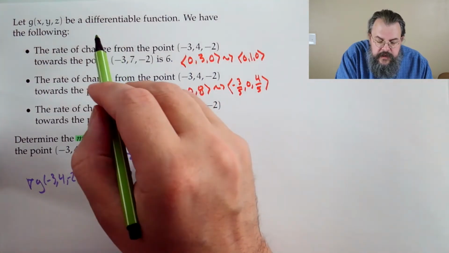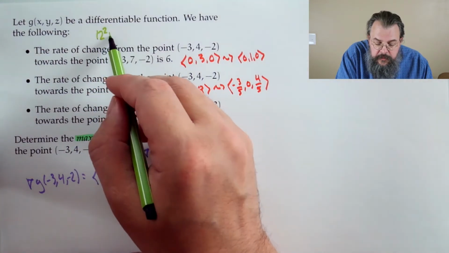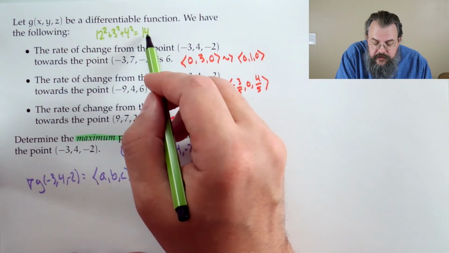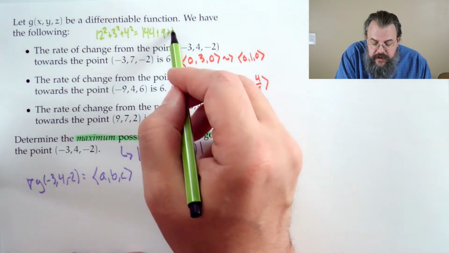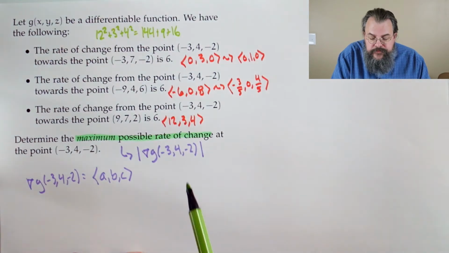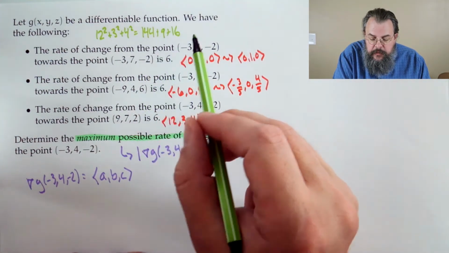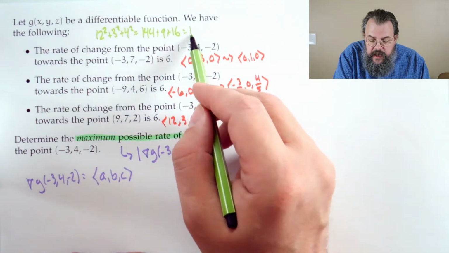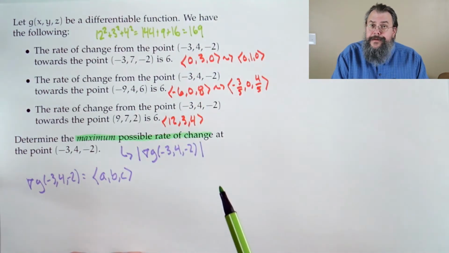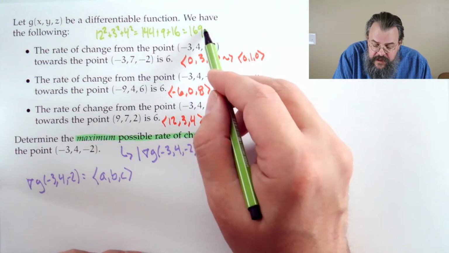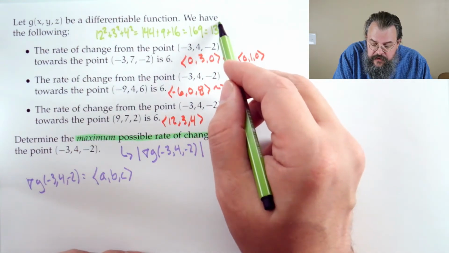Okay, all right. 12 squared plus 3 squared plus 4 squared. It's 144 plus 9 plus 16. 144 plus 16, that's not so bad. That's 160 plus 9 makes 169. Now, wait a second. That's a familiar number. 169 is 13 squared.